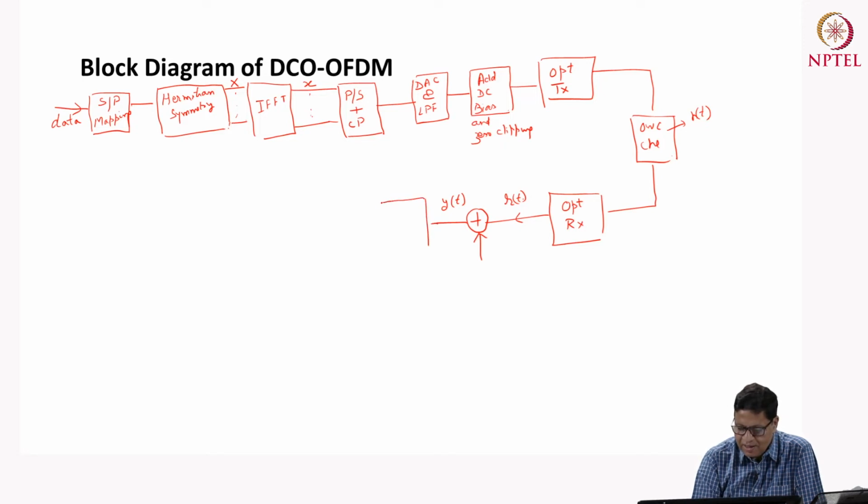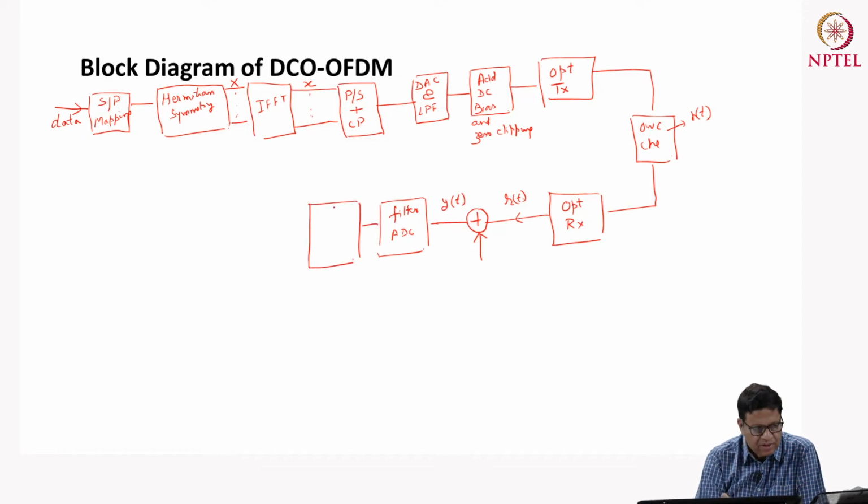And then you do the reverse operation, that is filter, and convert that into digital signals, ADC, analog to digital converter. And then we need to remove the CP, which we had added earlier, remove the cyclic prefix, and also do serial to parallel conversion. So you get the time samples here, and then you do the reverse of IFFT.